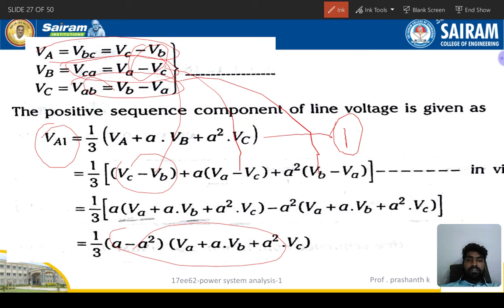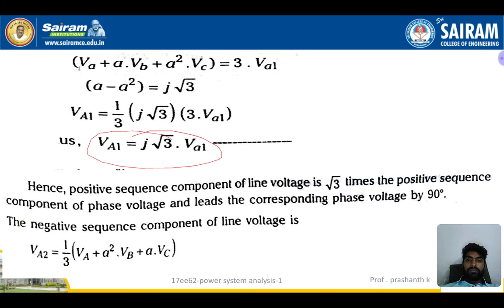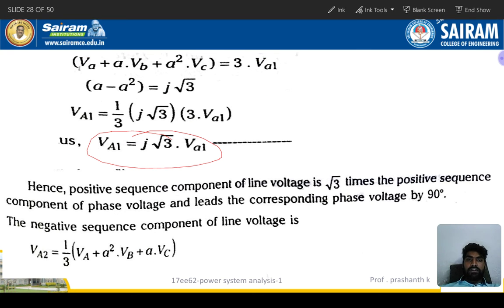If you want the positive sequence component in terms of line voltages, VA1 is equal to one third of the sum, so just substitute the VA, VB, and VC values, and you will get the required equation.